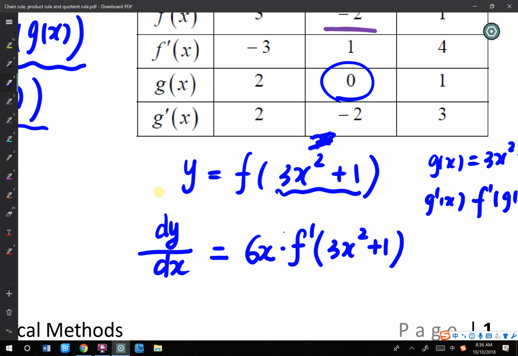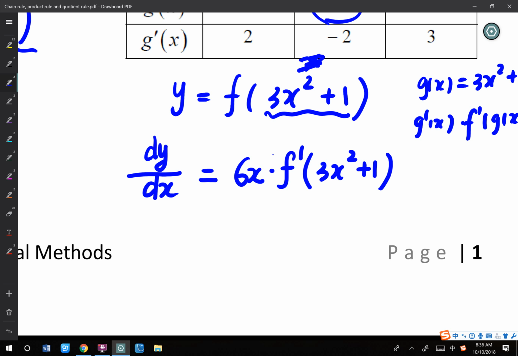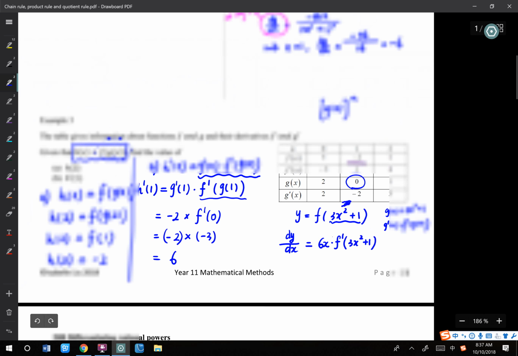I can still use this formula: derive the inside, which becomes 6x, times derive the outer, which we just represent as f dash, and then keep the inside. So f dash of 3x squared plus 1. We use this one when one or both of the functions are unclear. We don't know what the exact rule is, it's just represented by a symbol f or g. When we see this type, we can apply this rule here.